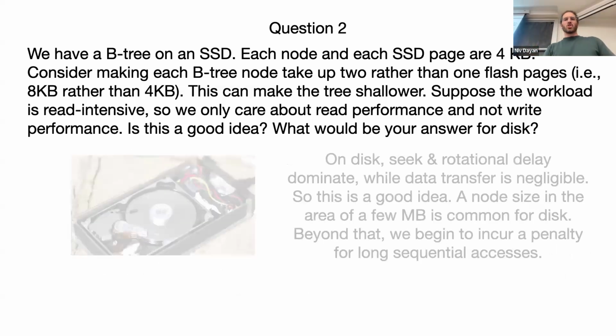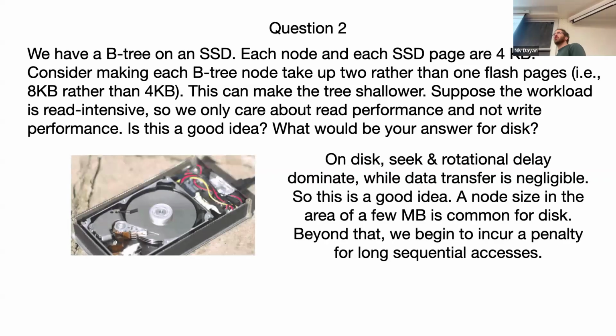So on a disk drive, it makes complete sense to set large node sizes. In fact, the B-tree node size can be set to multiple kilobytes, maybe even a few megabytes. Interestingly, you can tune this data structure differently for disks and SSDs, and everything ultimately comes from the properties of storage.